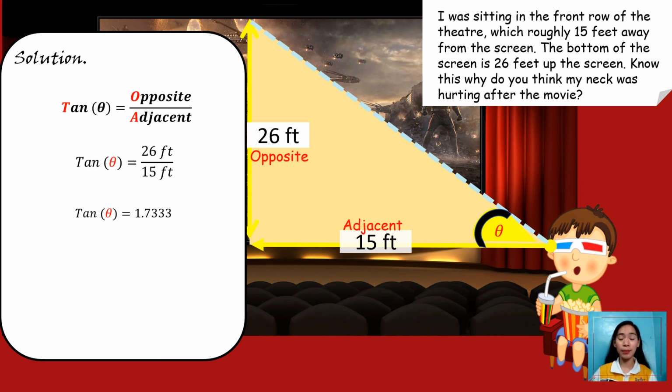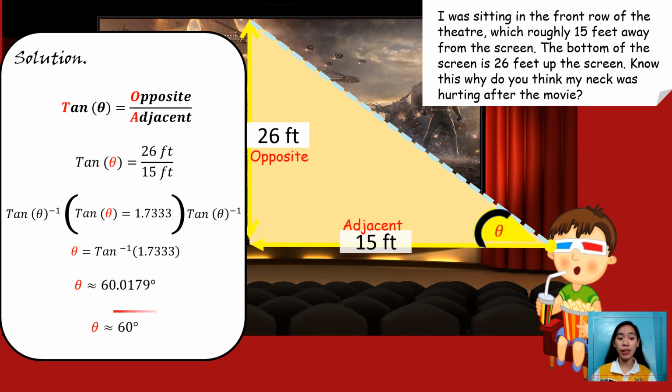So arctan or inverse of the tangent. So theta is equal to arctan 1.7333. So using your scientific calculator, again, we can have 60.0179 degrees or approximately 60 degrees.